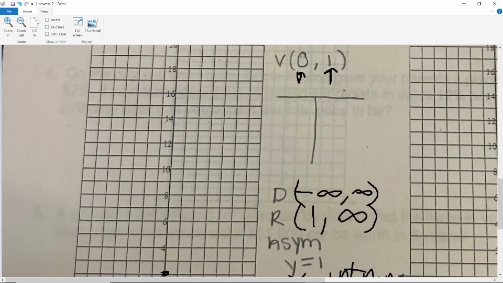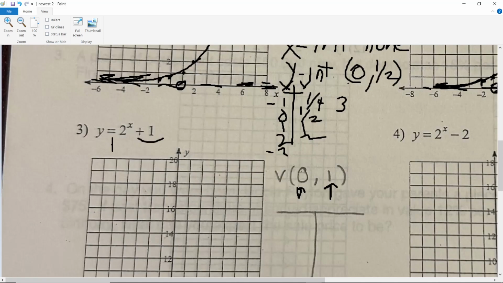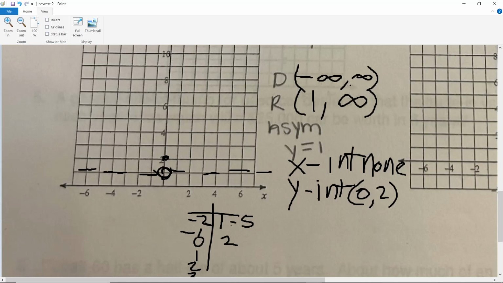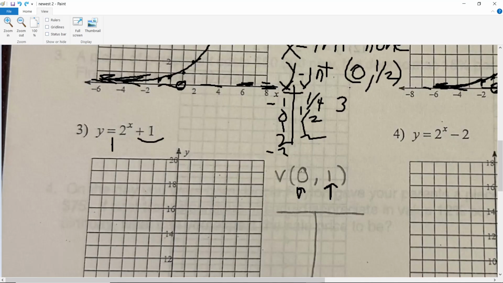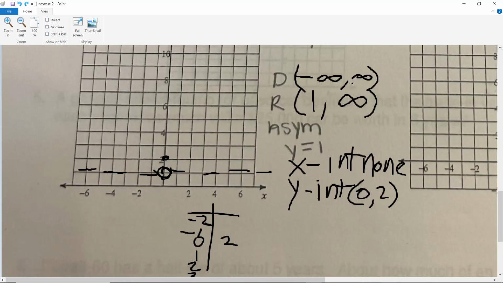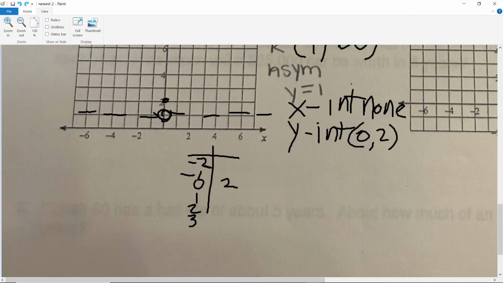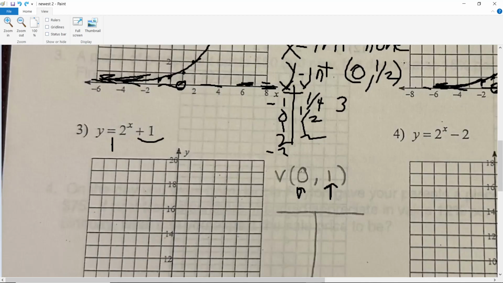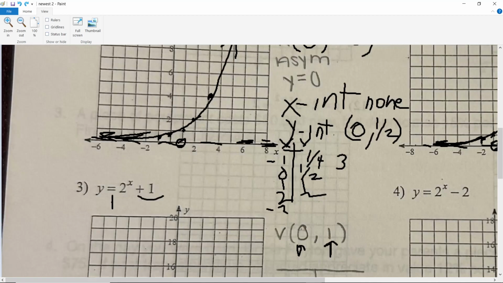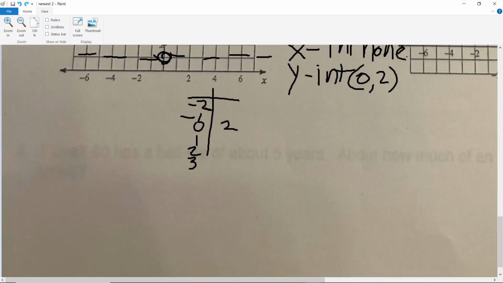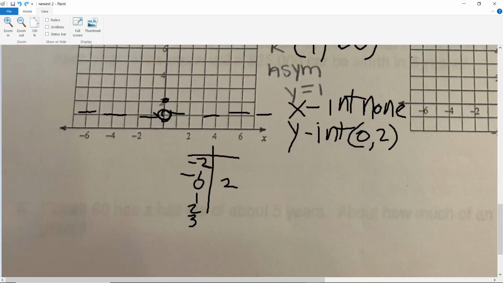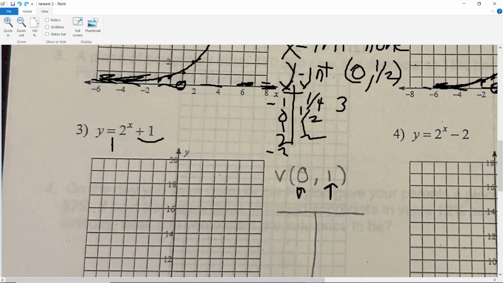I'm putting -2 in. 2 to the -2 is 1 over 2 squared, is 1/4. Oh, did I do -1 first or -2 first? It doesn't matter. I'm going to do -1 first.